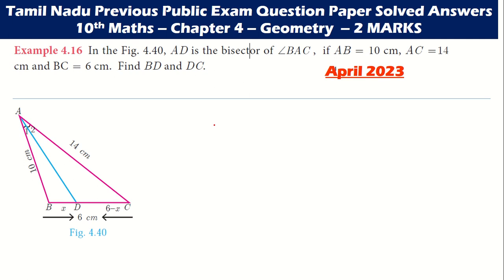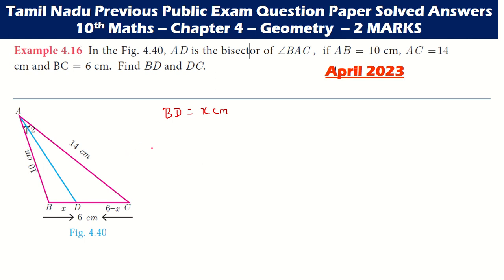If AB is equal to 10 cm and AC is equal to 14 cm and BC is equal to 6 cm, find BD and DC ன்னு சொல்லியிருக்காங்க. ஸோ இப்போ கொஸ்டினில் இருக்கிறத நம்ம இங்கே சொல்லியிருக்காங்க. ஸோ இப்போ இதில் let BD is equal to எவ்வளோன்னு தெரியாது.